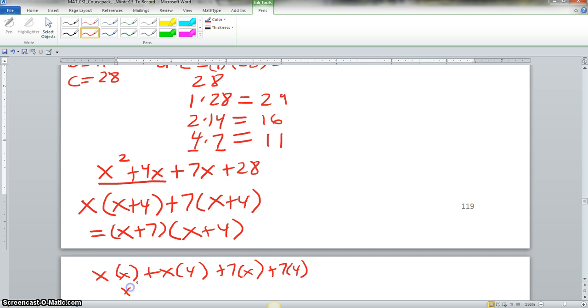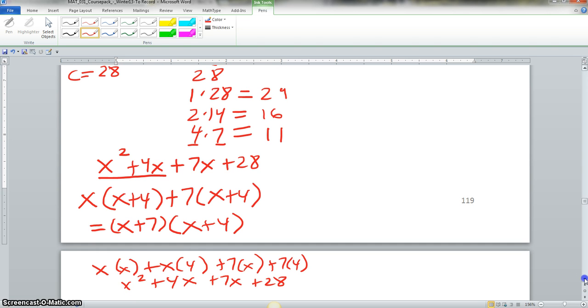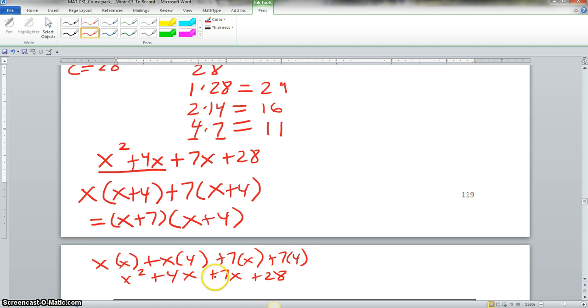Now this will give us x squared plus 4x plus 7x plus 28. We can add these two middle terms because they're like terms, and we are left with x squared plus 11x plus 28. This is what it produces when we multiply these together.